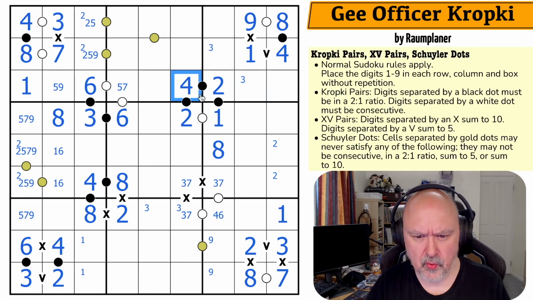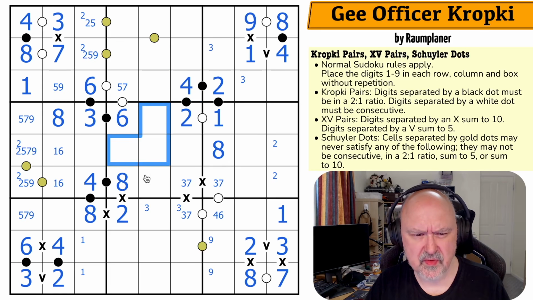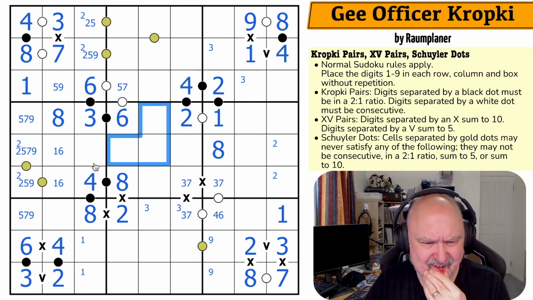This is a 4 because of the 1 looking across. So 4 is in one of those. I don't know that it's helping me.